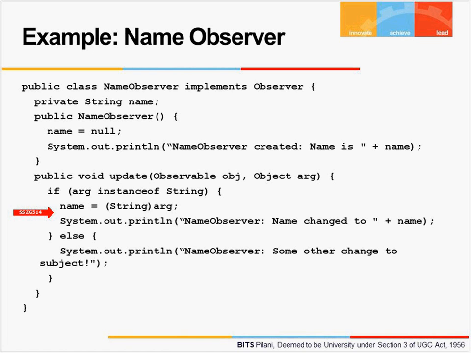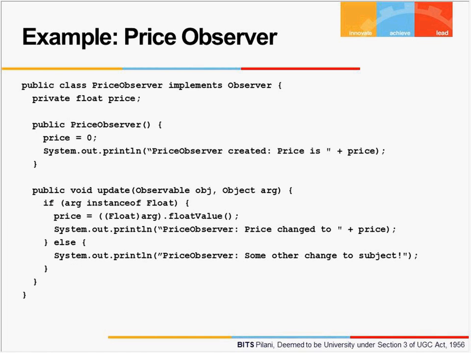Right? Similarly, there is a price observer. Price observer implements the observer interface and has a price attribute with it. Right? Now it also implements the update method. Now, the notified object invokes the update of this particular observer, right?